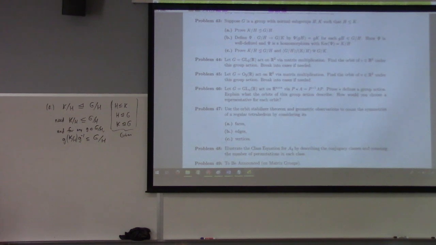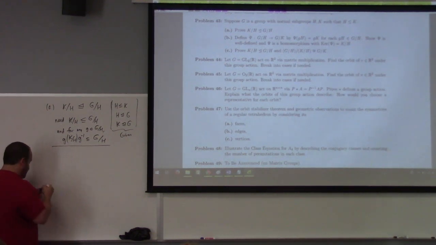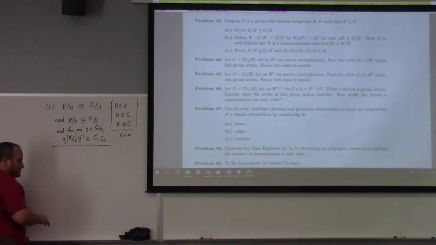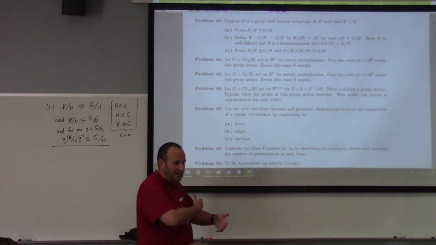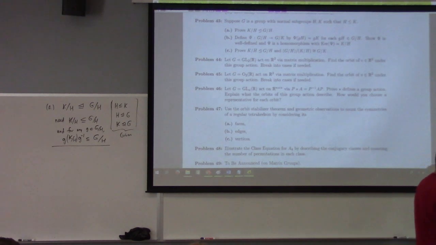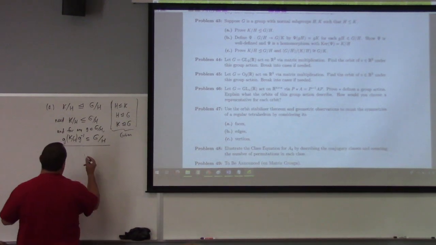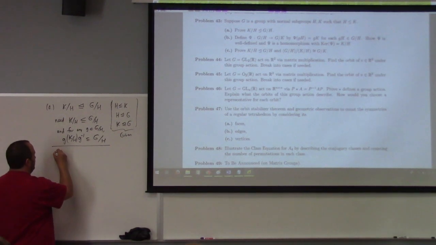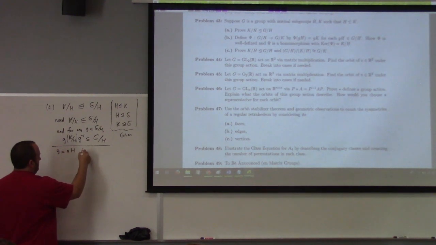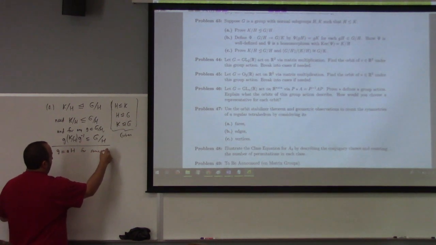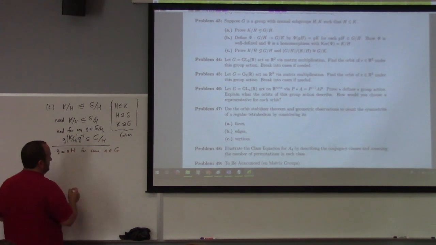But let's unpack that. What does that really mean? What does a G in G mod H look like? It's A times H for some A in G. Is that right?